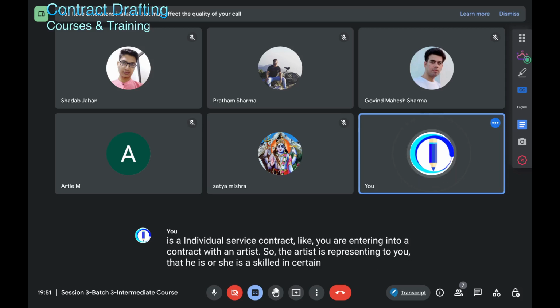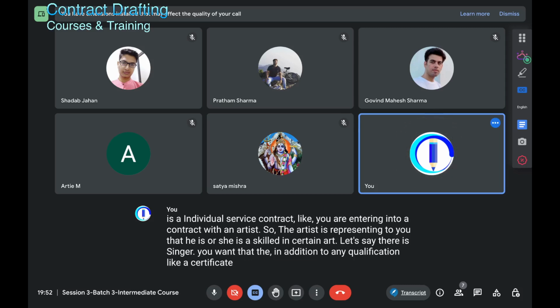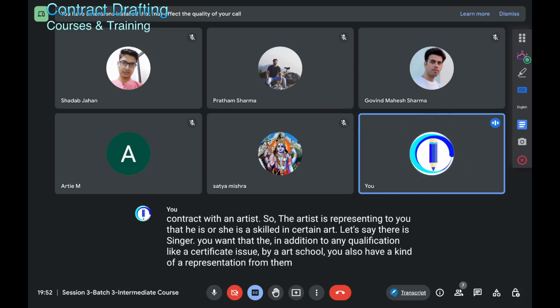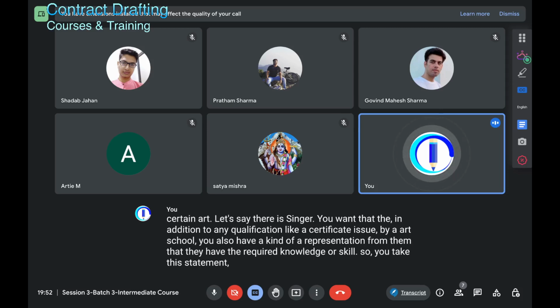Let's say they are a singer, and in addition to any qualification like a certificate issued by an art school, you also want a representation from them that they have the required knowledge or skill. So you take this statement in the representation clause instead of the introduction part, that is the recital.